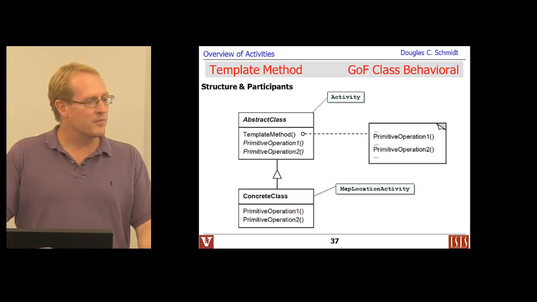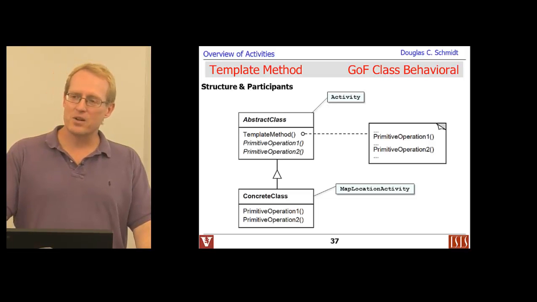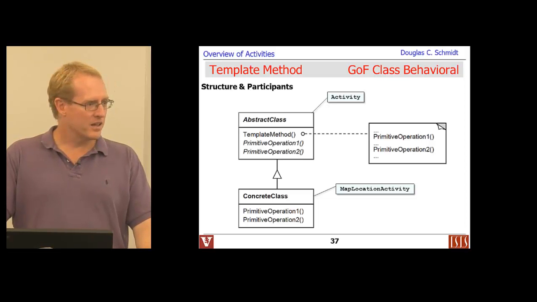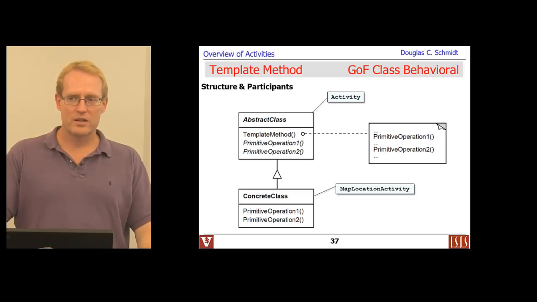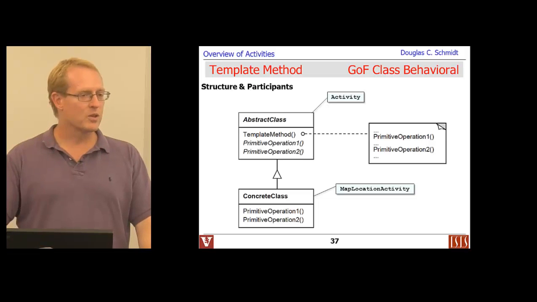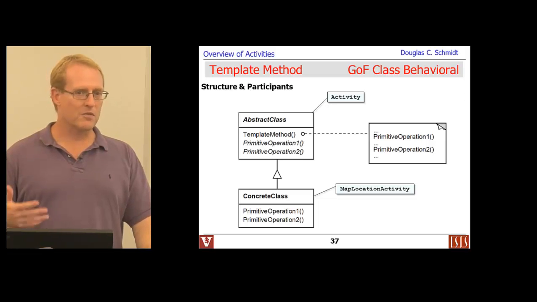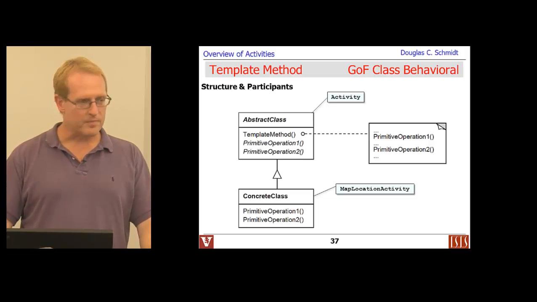And then you fill in one or more, or typically at least one, of the methods that are part of the activity base class that need to be overridden in order for the activity to do something useful, to create itself or pause itself or destroy itself, etc.